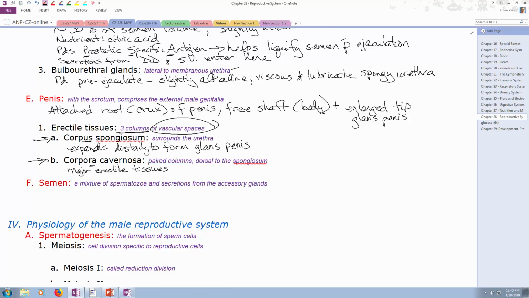If these vascular tissues are filling up and making themselves so heavy to make the penis firm for penetration, you have to realize that the urethra is at risk. It's at risk for doing what if you're filling up and making things weighty?